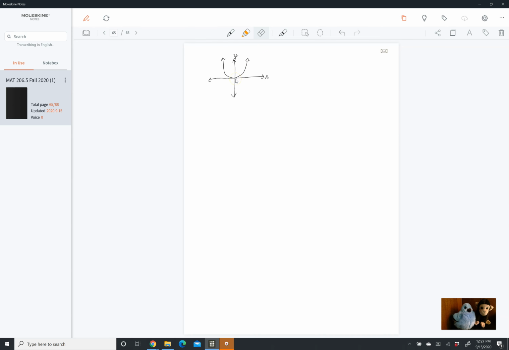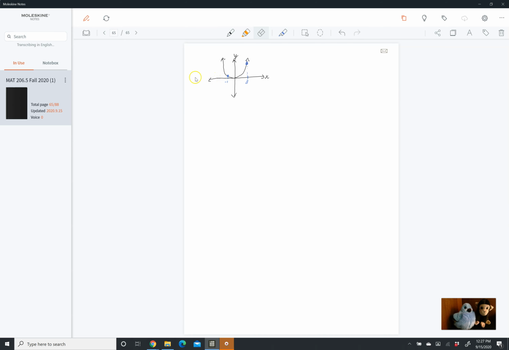So let's talk about the domain first, okay? So the domain, let's say that this is x equals 3. If we were to draw a vertical line, it does pass through the function, right there. So 3 is part of the domain. Now that's true for something like -1. -1 is part of the domain. And it turns out that it's true for every x value.